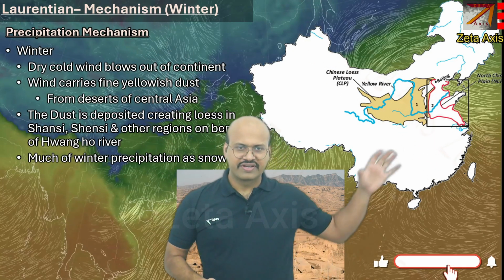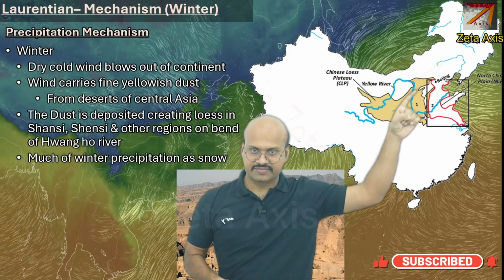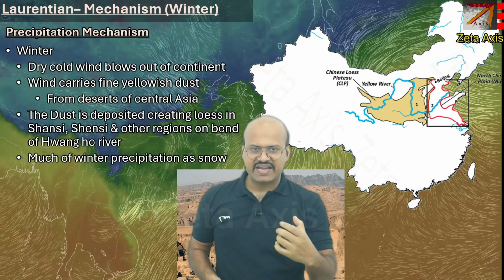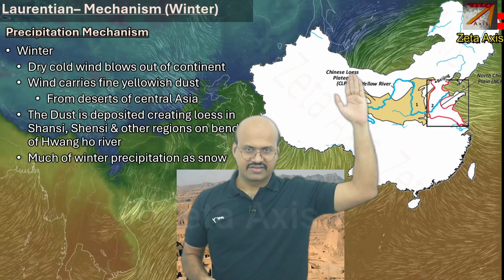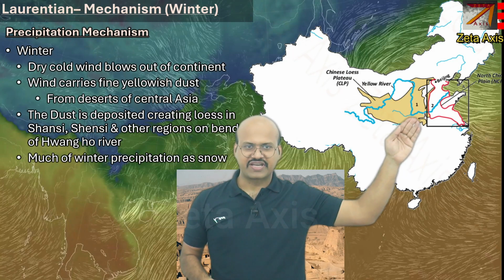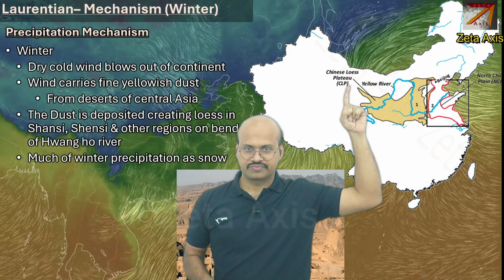Now we know that if we see this map of China, then here we have the Gobi Desert and other deserts. So the winds which are blowing from this region will carry the sand and it will be deposited over this region, forming a specific type of sedimentary plateau which is called the Loess Plateau.